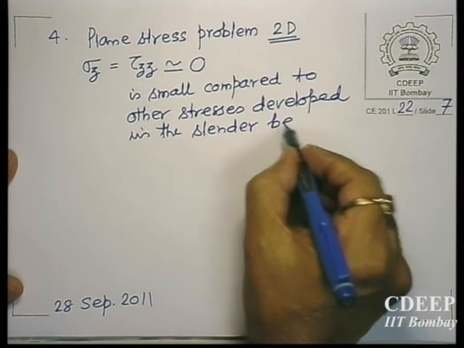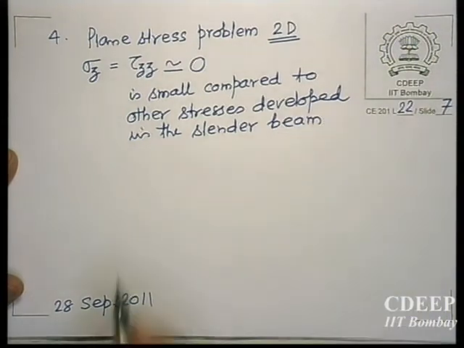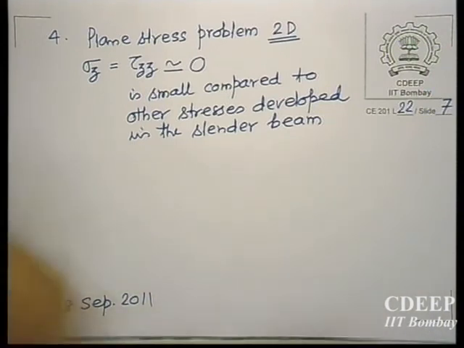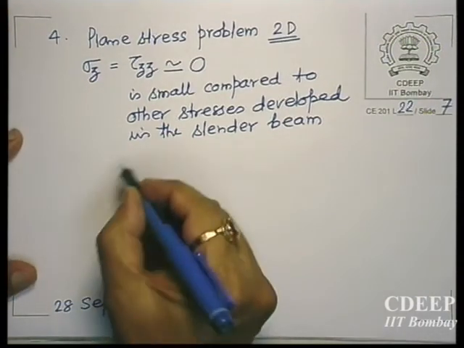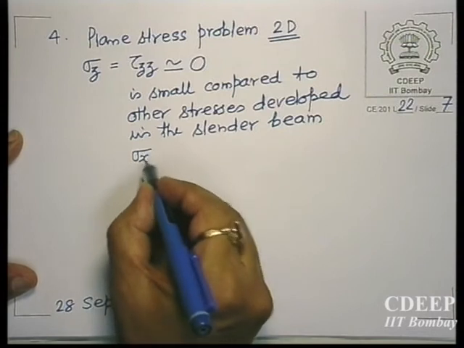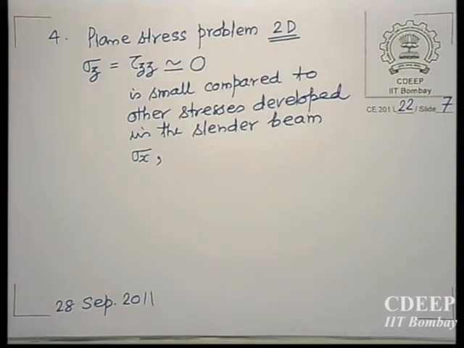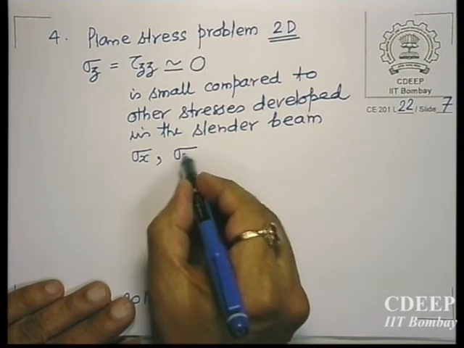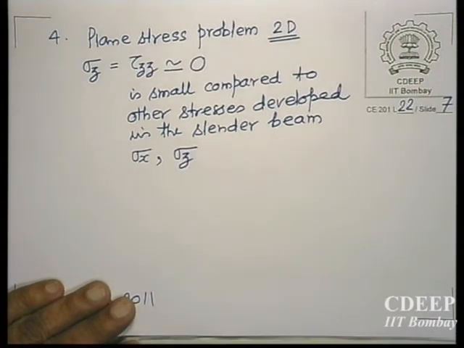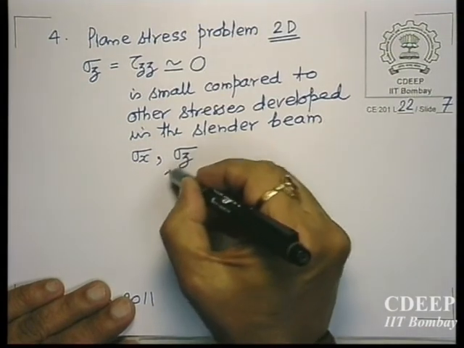By the way, what are the other stresses? The longitudinal fibers will get extension, or compression at the bottom, if you apply a bending moment, so there will be sigma x. There can be sigma z, but we are saying this is small compared to sigma x.